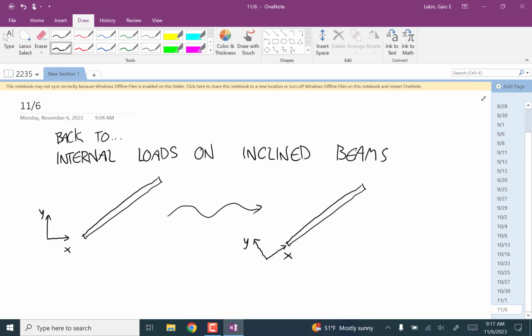So you're rotating the coordinate system some counterclockwise angle theta, and if it's clockwise, you call it a negative angle.